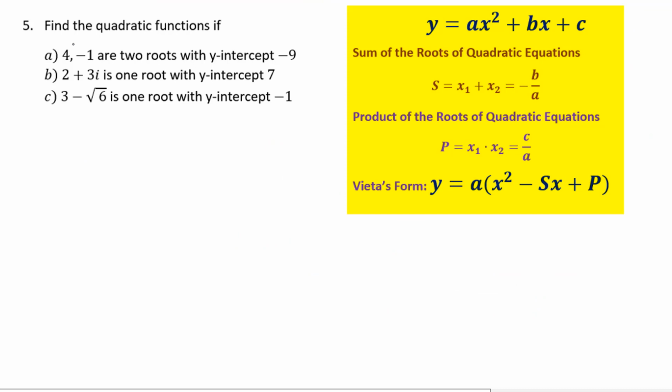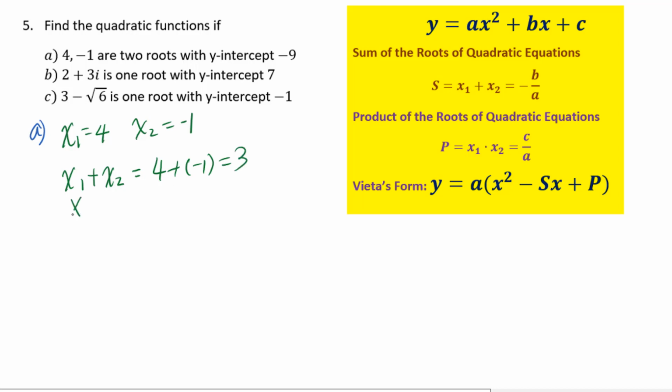Let's go to number 5. Find the quadratic function if 4 and -1 are the two roots with the y-intercept -9. We are given x1 equals 4, x2 equals -1. x1 plus x2 equals 4 plus -1 equals 3. x1 times x2 equals 4 times -1 equals -4.